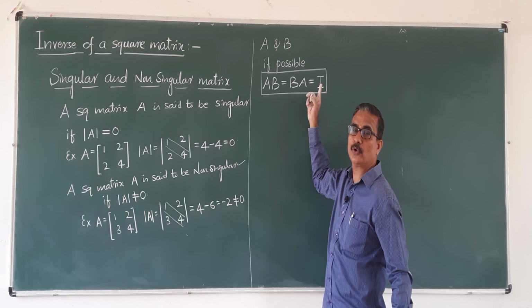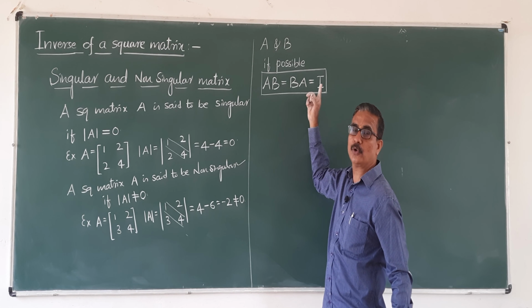That is, A is inverse of B as well as B is inverse of A. Mathematically we write A is equal to B inverse and B is equal to A inverse. If AB is equal to I means A is inverse of B, BA is equal to I means B is inverse of A. Symbolically we write A is equal to B inverse and B is equal to A inverse.